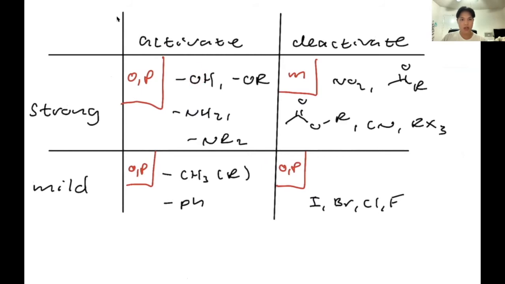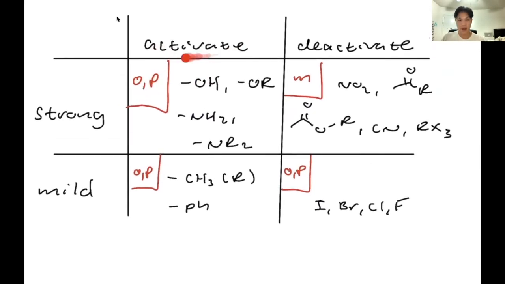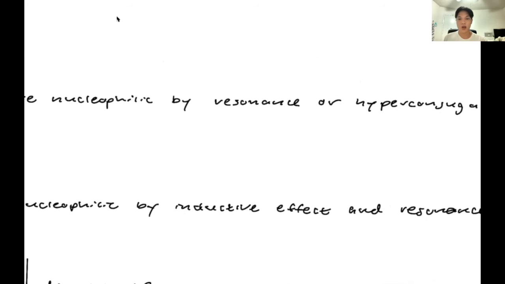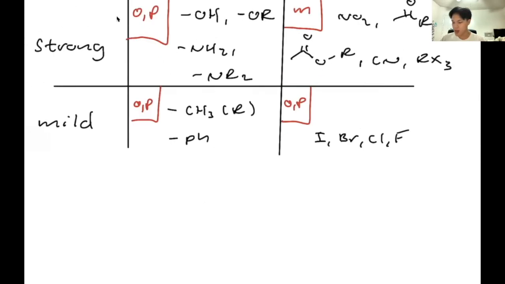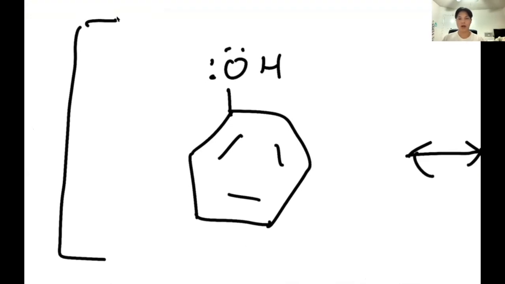It's right here, and it's going to direct ortho/para, but we're just going to focus on the activating part for now. Remember, activating groups make rings more nucleophilic by resonance or hyperconjugation, right? So let's see here. This oxygen has two lone pairs, which means it can donate its electron density to this ring, right? So there is resonance here.